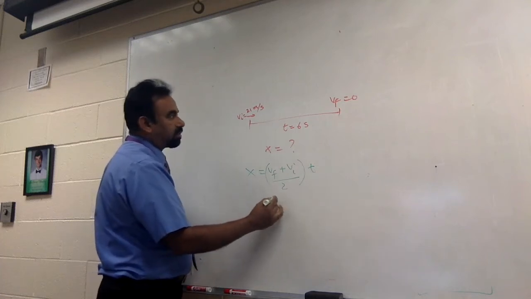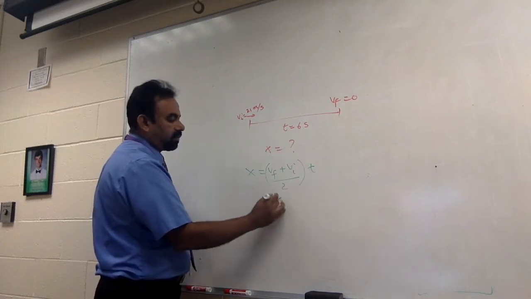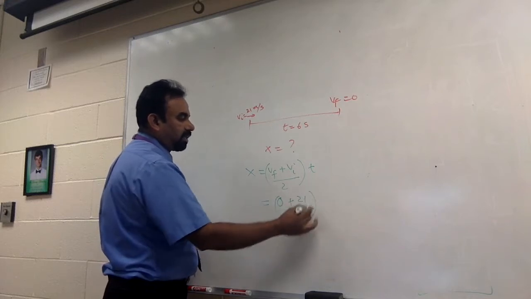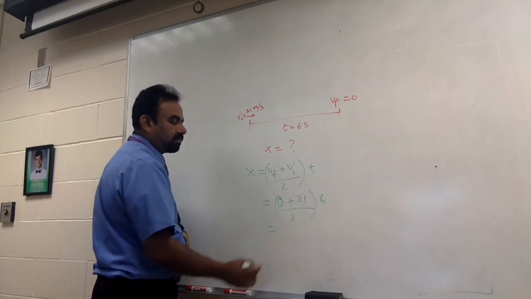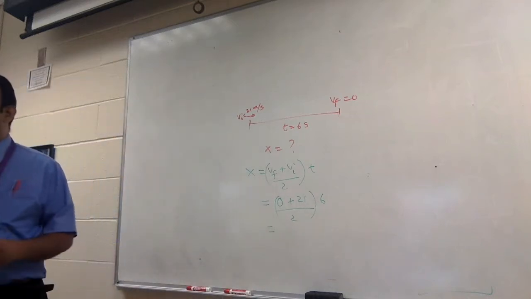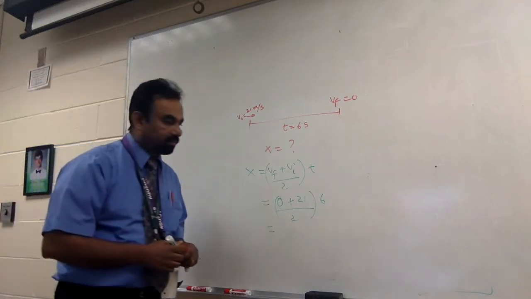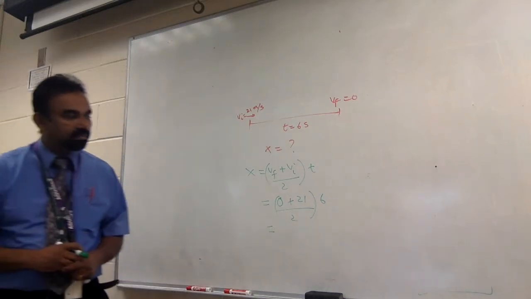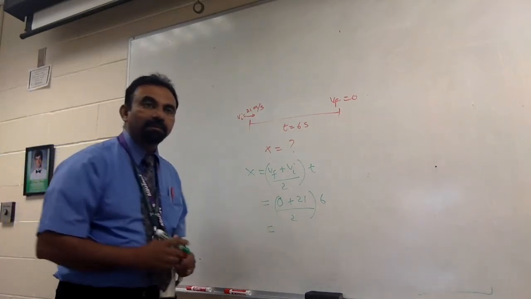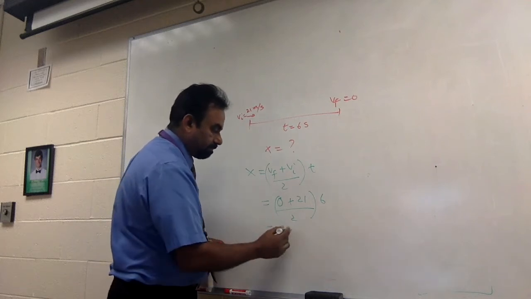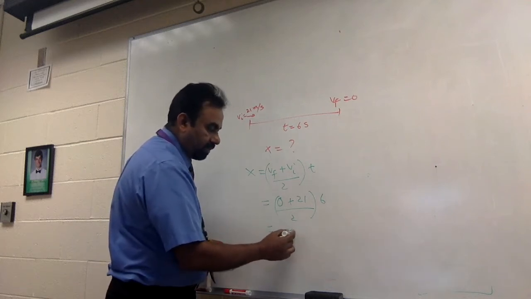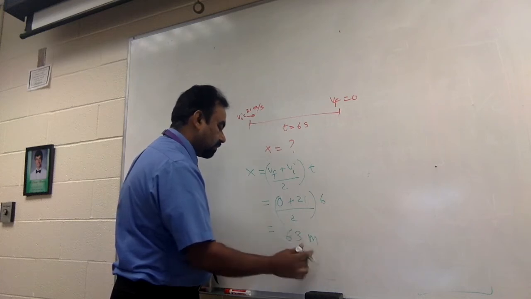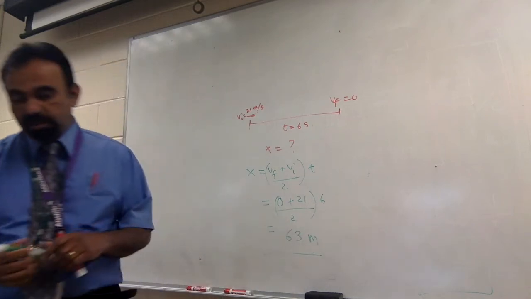So Vf is 0. 0 plus 21, divided by 2, times 6. How many meters? How much? 60? 63 meters.